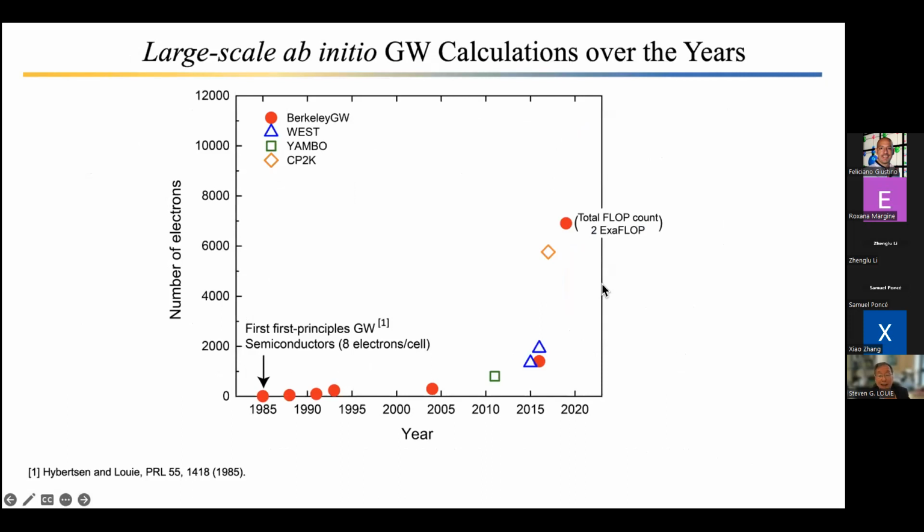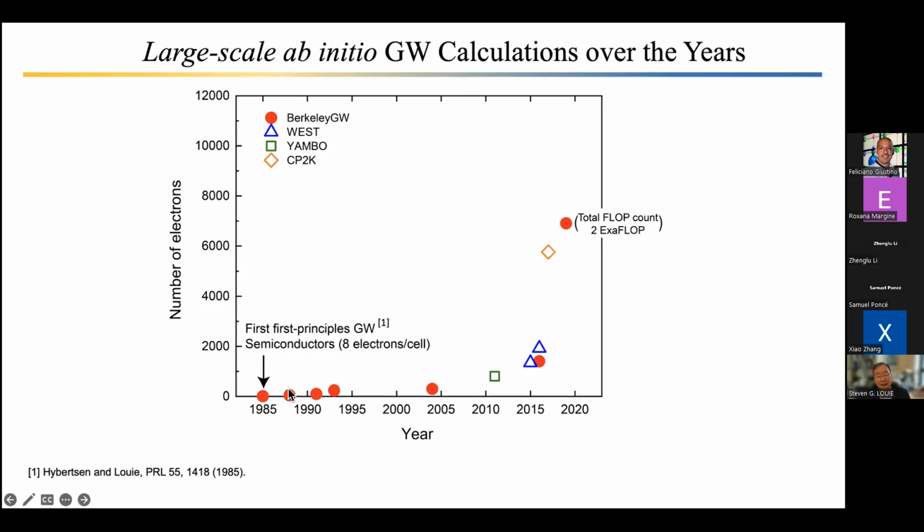To give you an idea how much progress has been made over the last decades regarding this kind of calculation, I show you the number of electrons that you could treat within the GW method as a function of years.